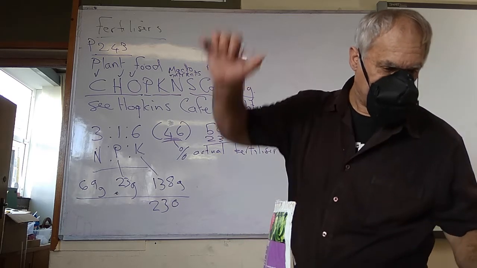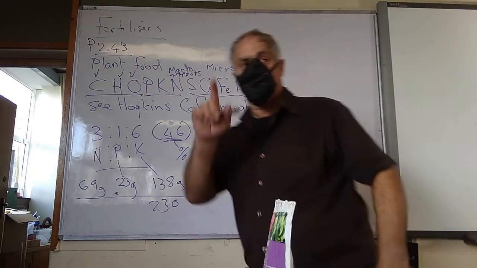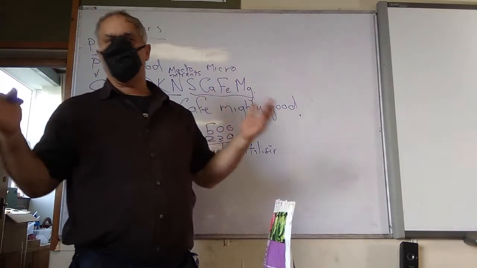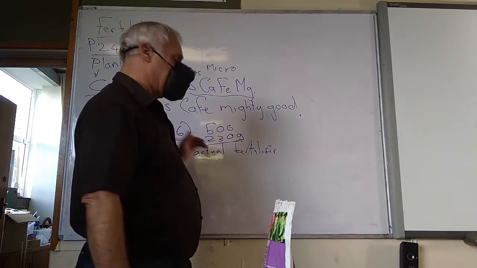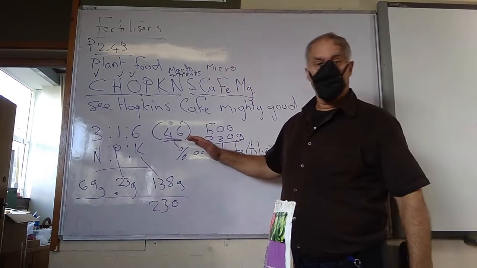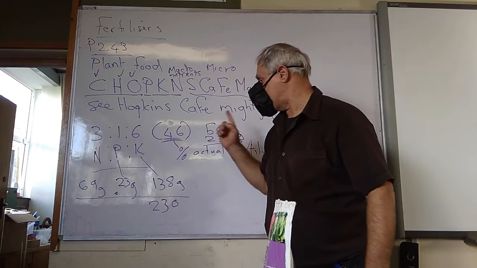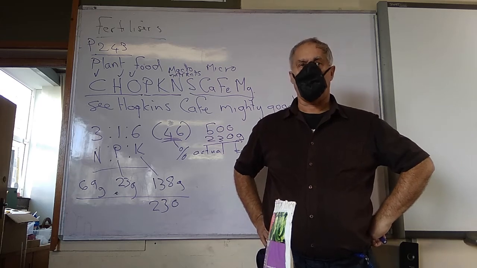Textbooks cannot tell you what past exams have examined on, but this is what past exams examine on. They will give you this and they will ask you what percentage of the 500 grams is nitrogen, phosphorus, and potassium.